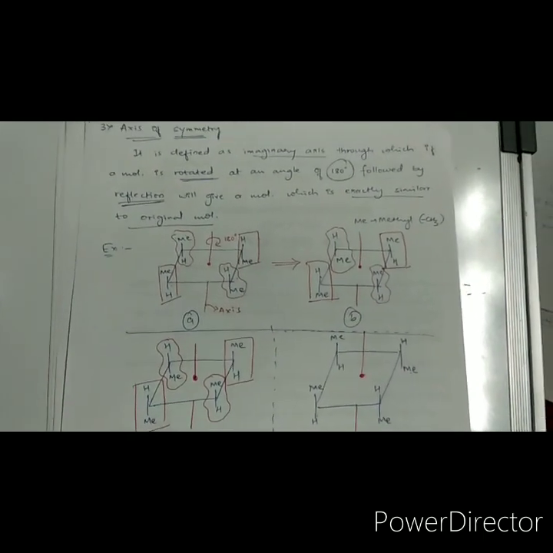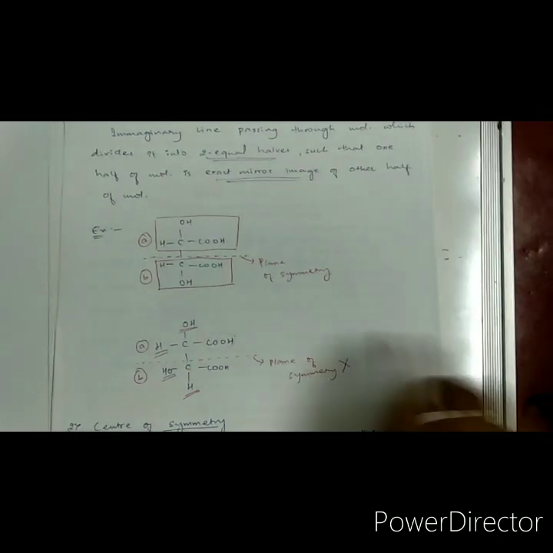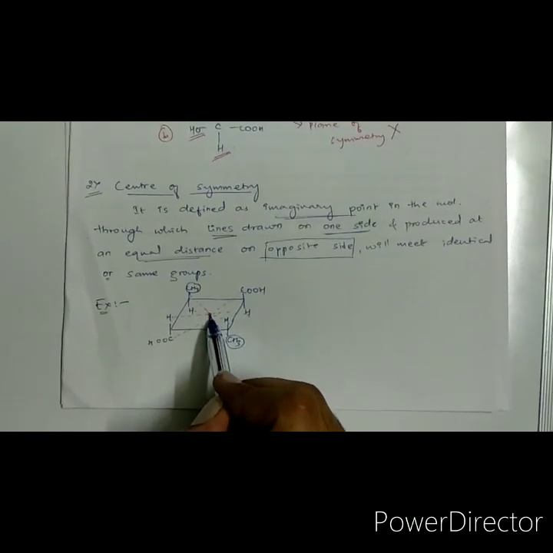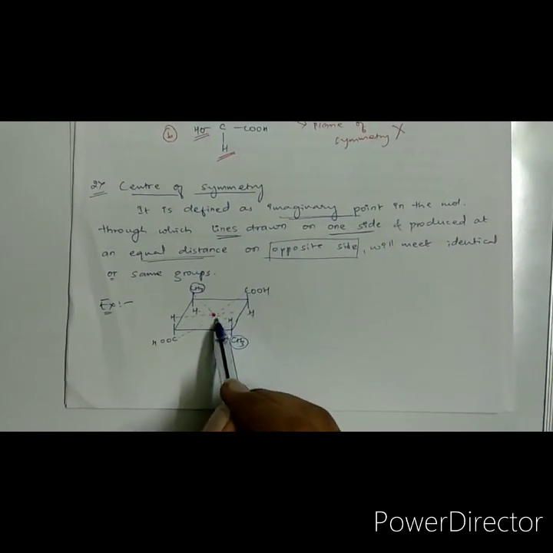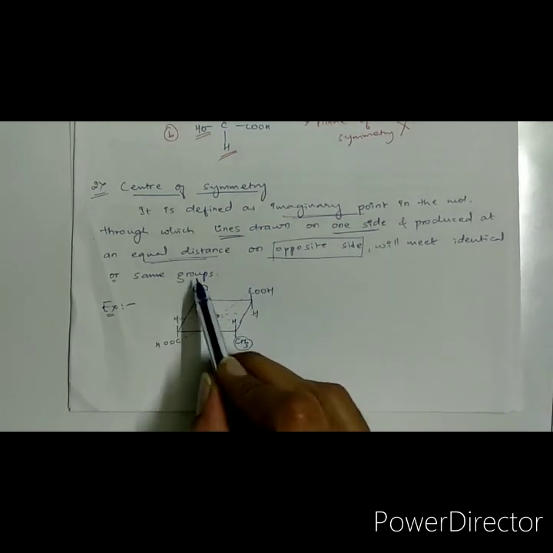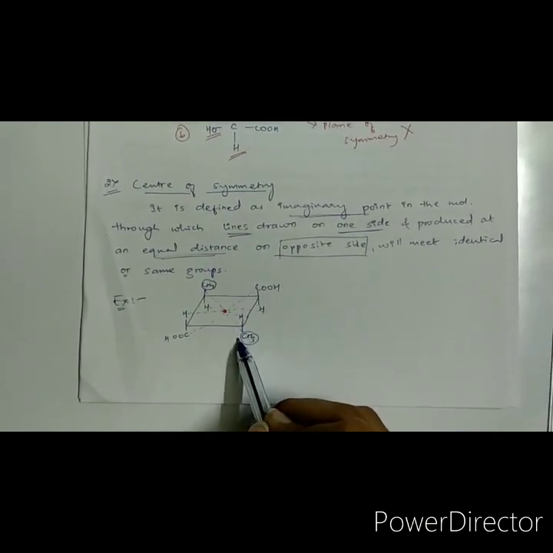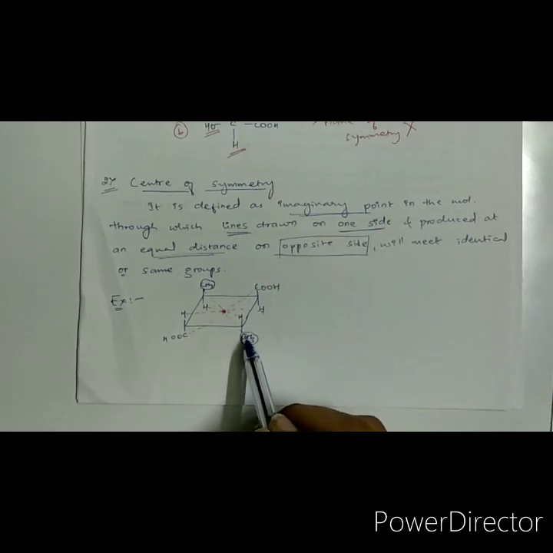That is plane of symmetry, that is an imaginary line that passes through a molecule which divides it into two equal halves such that one half of the molecule is exactly the mirror image of the second half. While similarly for the center of symmetry, here an imaginary point within the molecule through which lines when drawn on one side and produced at an equal distance on the opposite side meet an identical or same group.